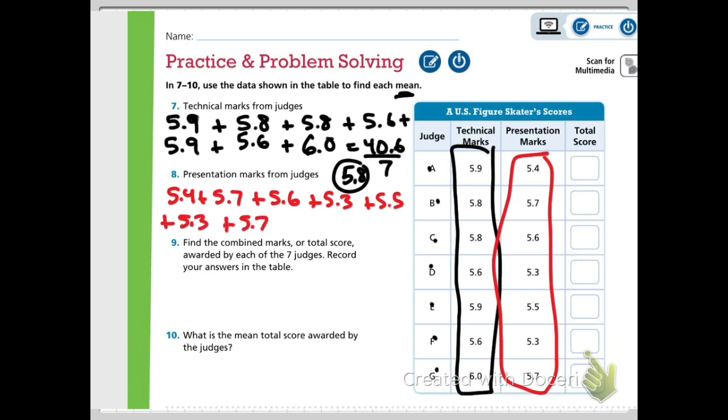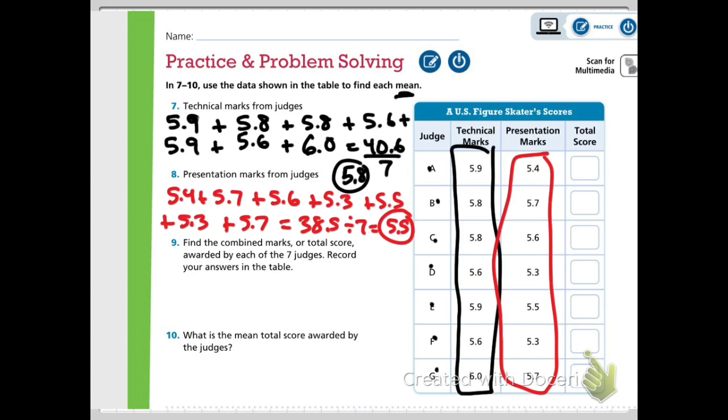So we'll add up those 7 numbers, and we get 38.5. And then once again, divide that by 7. Your final answer is 5.5.